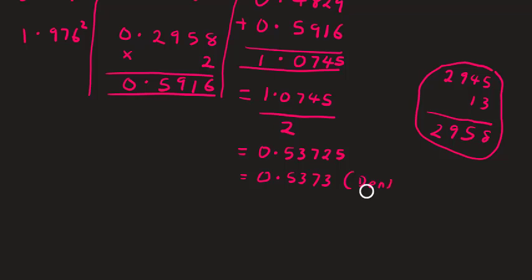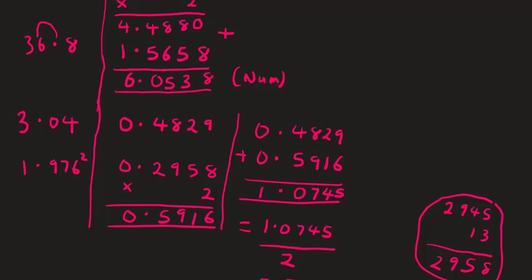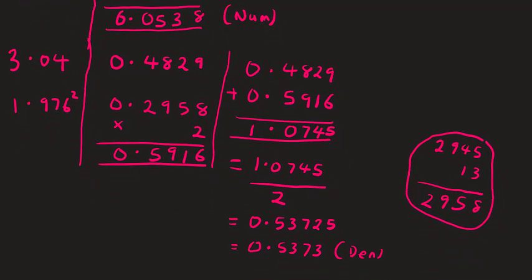So we know that the final result for denominator and for numerator will be subtracted. This is the final result for numerator. So for numerator we'll have this, for denominator we'll have this, so we're going to subtract. So let's extend this down this way.